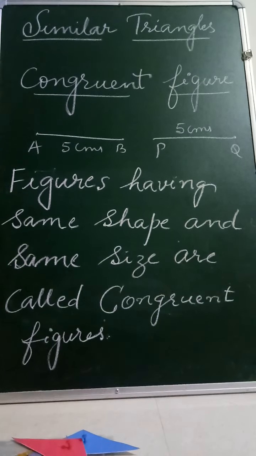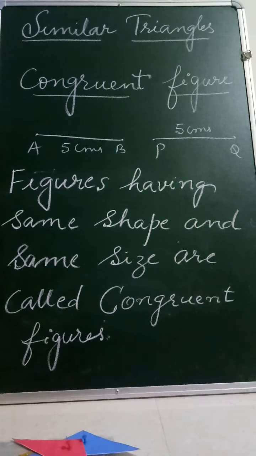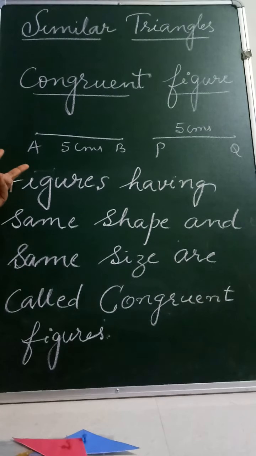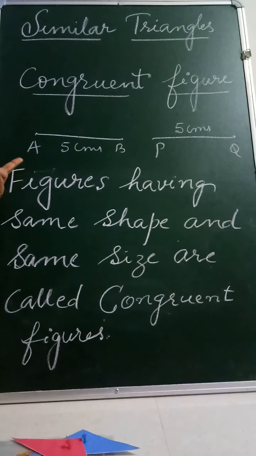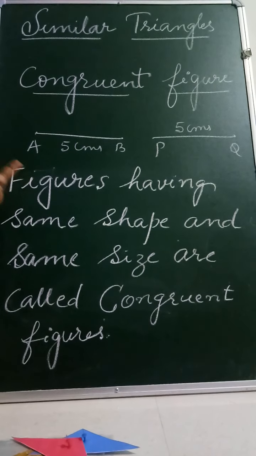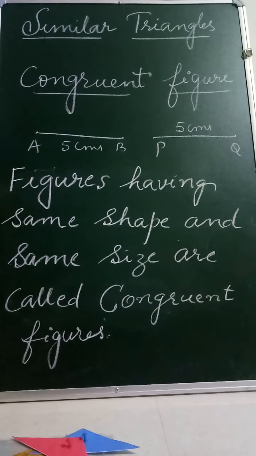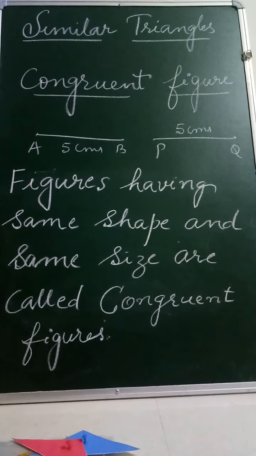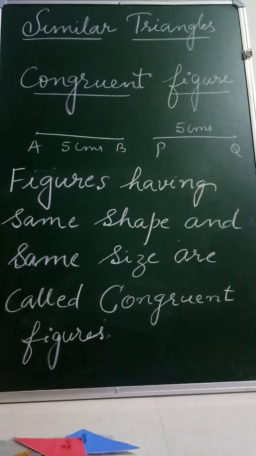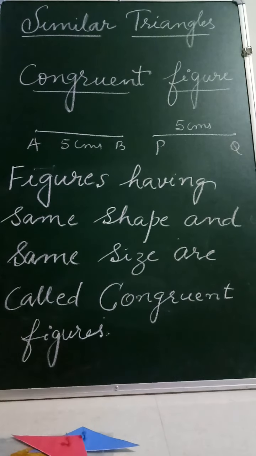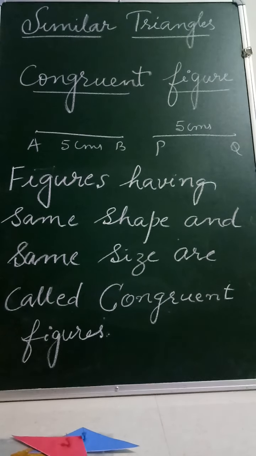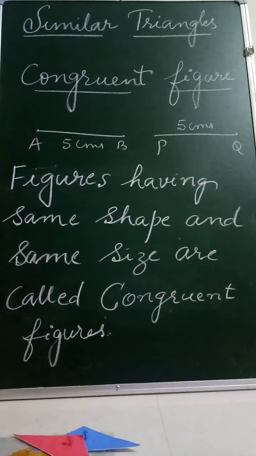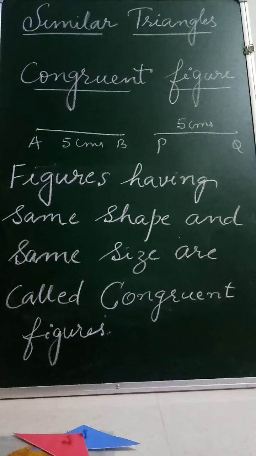Therefore, the circles were congruent. Then we showed two triangles. Triangles were of same shape as well as their sizes were same. Therefore, those two triangles were congruent. Then we considered two sectors. The sectors were of same shape and same size. So I can call those two sectors congruent.